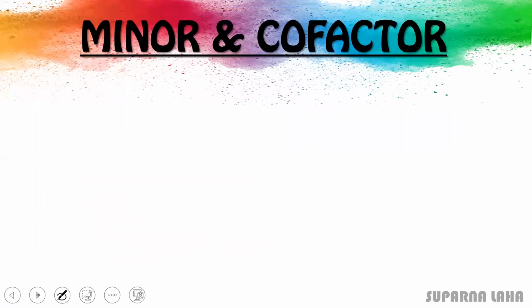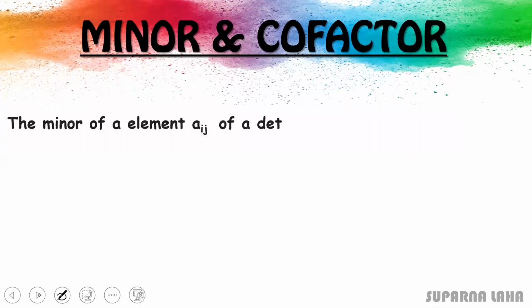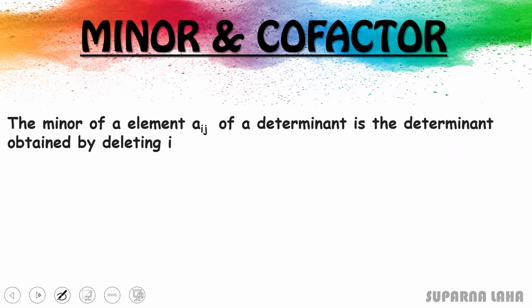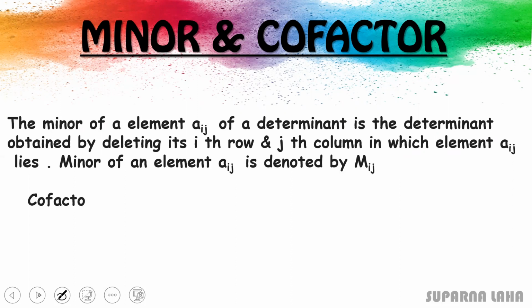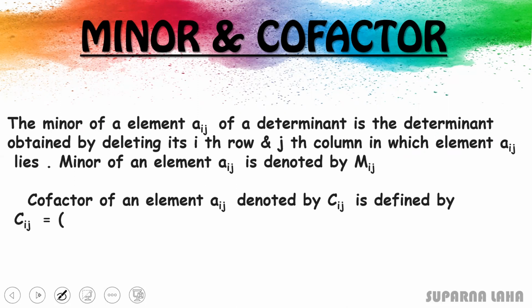So what is a minor? The minor of the element aij of a determinant is the determinant obtained by deleting the ith row and the jth column in which aij is present. So the minor of aij is denoted by Mij, and the cofactor is denoted by Cij and defined as (-1) to the power i plus j times Mij.